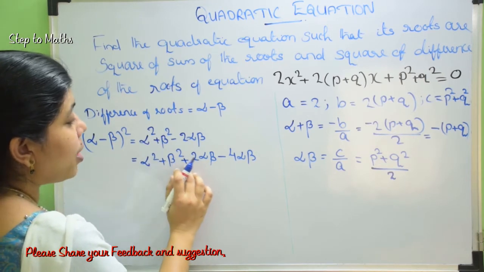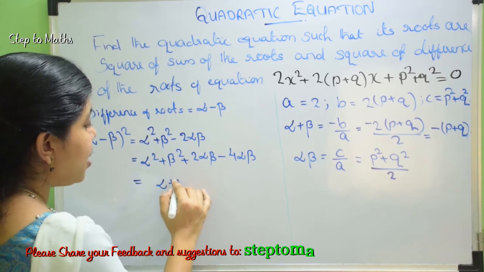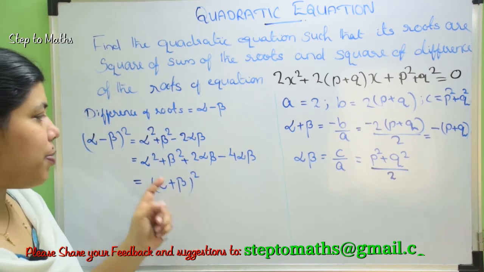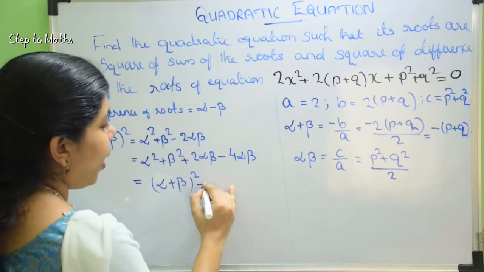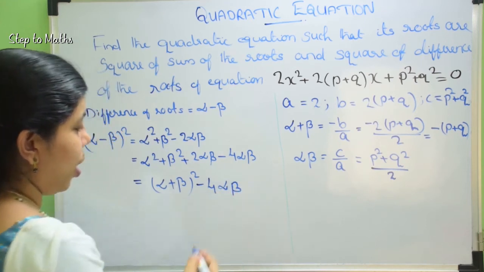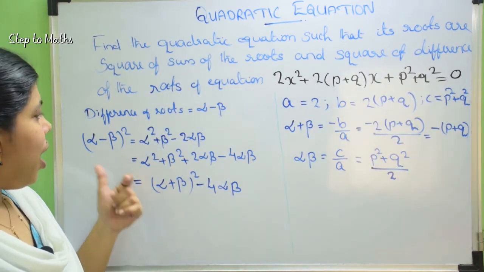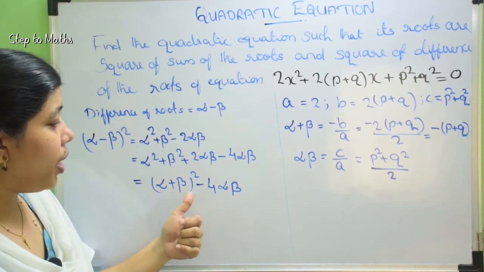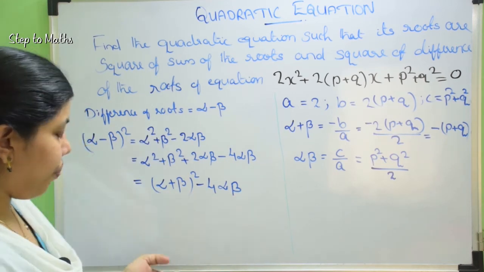Alpha square plus beta square plus 2 alpha beta is equal to alpha plus beta whole square. So we can write alpha minus beta whole square is equal to alpha plus beta whole square minus 4 alpha beta.